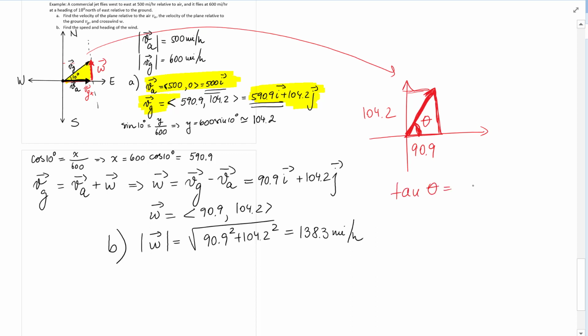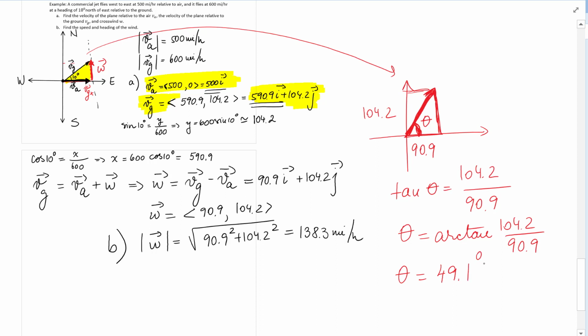So tangent of theta is the opposite side, which is 104.2, over the adjacent side, which is 90.9. So theta is the arctangent of 104.2 over 90.9, which means theta is 49.1 degrees. In other words, the heading of the wind is 49.1 degrees north of east.